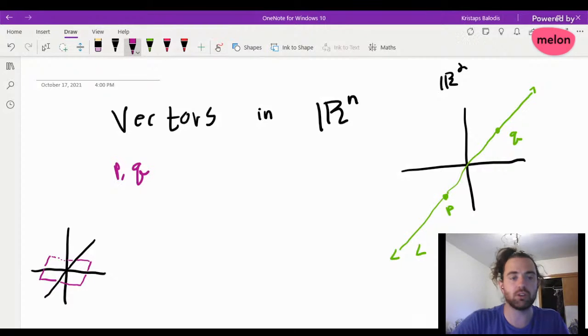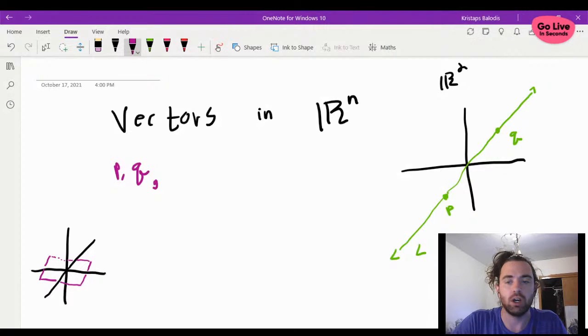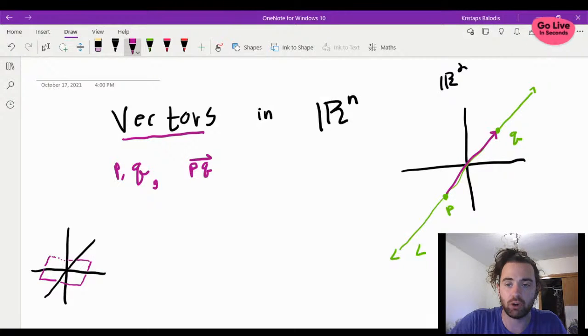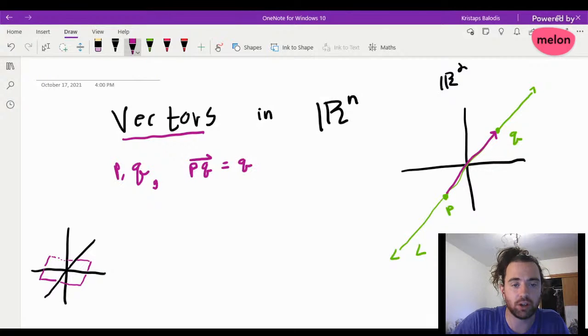You've probably seen the equation for the vector determined by 2 points, the vector determined by the points P and Q. We write this in order because we imagine it as the vector that starts at P, it has a tail of P, and it goes to Q. We define this to be the vector whose tip is given by taking the point Q and subtracting the point P.